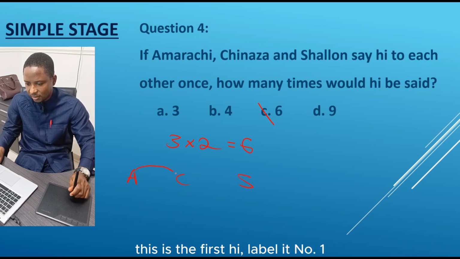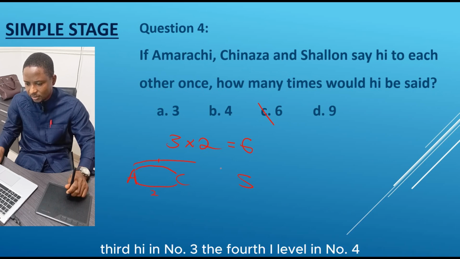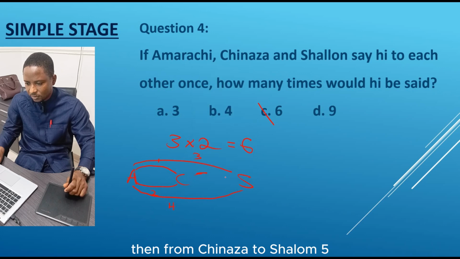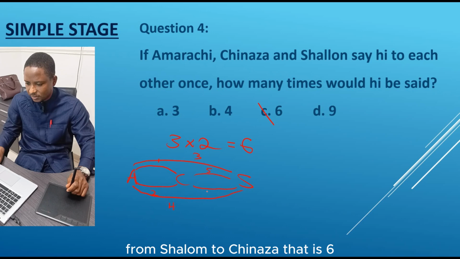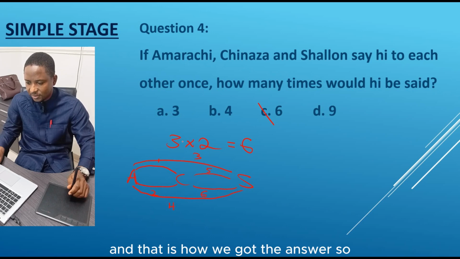This is the first hi, label it number 1. Second hi, number 2. Third hi, number 3. The fourth hi, number 4. Then from Chinaza to Shalom, 5. From Shalom to Chinaza, that's 6. And that is how we got our 6.